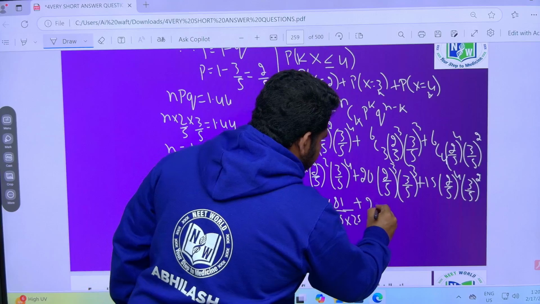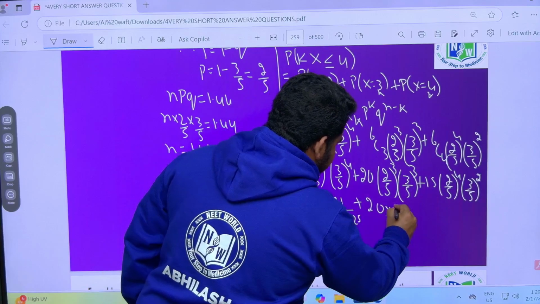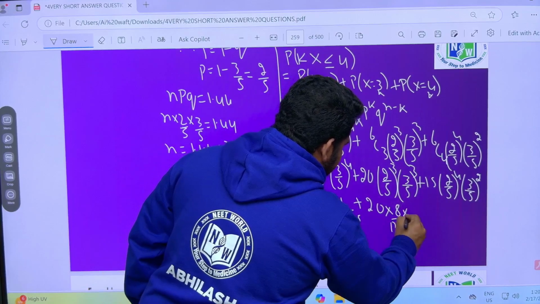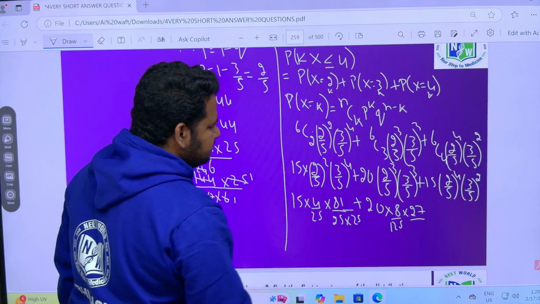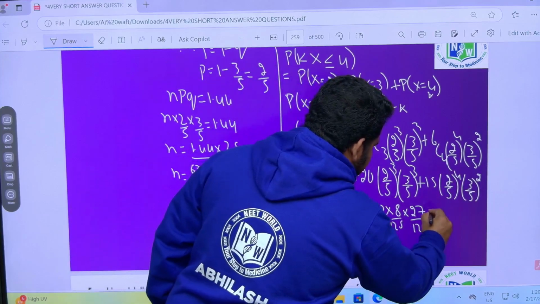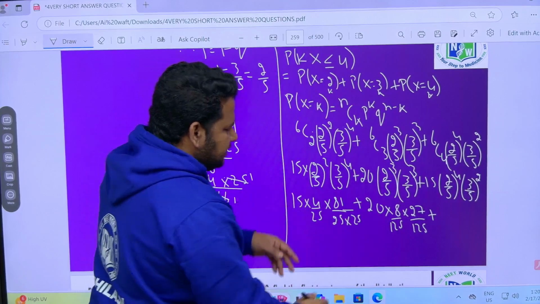So 20 into 2 power 3 is 8, 5 power 3 is 125, into 3 power 3 is 27, by 5 cube, 5 fives are 25, 25 fives are 125. You can take common and do it, or otherwise you can multiply directly.